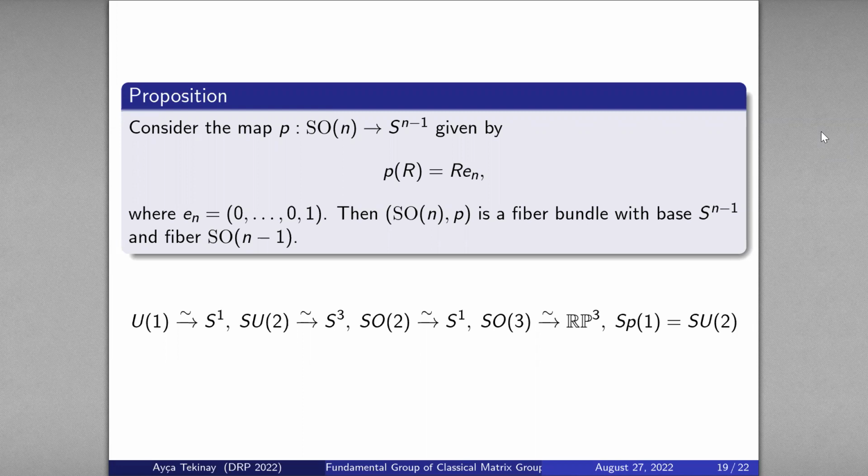We will use this proposition to find the fundamental groups, and we will also use these homeomorphisms, which say U(1) is homeomorphic to S1, SU(2) is homeomorphic to S3, SO(2) is homeomorphic to S1, SO(3) is homeomorphic to RP3, and lastly, Sp(1) is equal to SU(2). We will not prove them, but we will use them directly in our proofs.